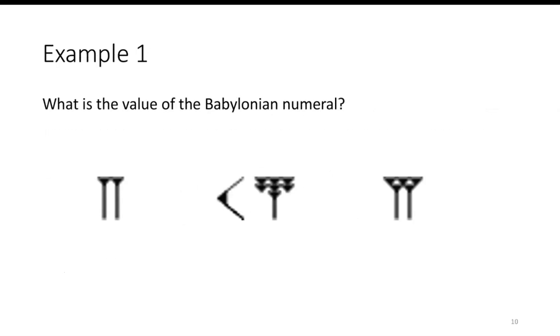So what is the value of this Babylonian system numeral? Well, the one on the far right, so this one here, is made up of 5 ones. So the symbol value is 5, and basically I multiply by 1, I get 5. The next one over is made up of a 10 and looks like 7 ones.